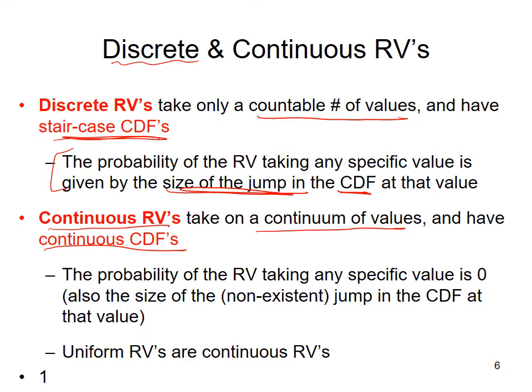Probability of a continuous random variable taking any specific value is 0, but that's the same as the size of the jump, because remember, there aren't any jumps. So if there isn't any jump, it's like saying the size of the jump is 0. And this remark is just that uniform random variables are examples of continuous random variables.